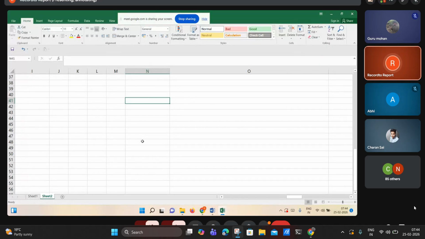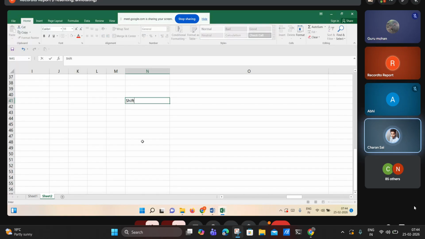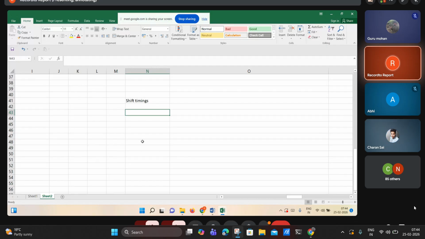Okay. Now see the shift timings. Shift timings depend completely on your entity allocation. What are the regions, guys? APAC, EMEA, Europe, US.